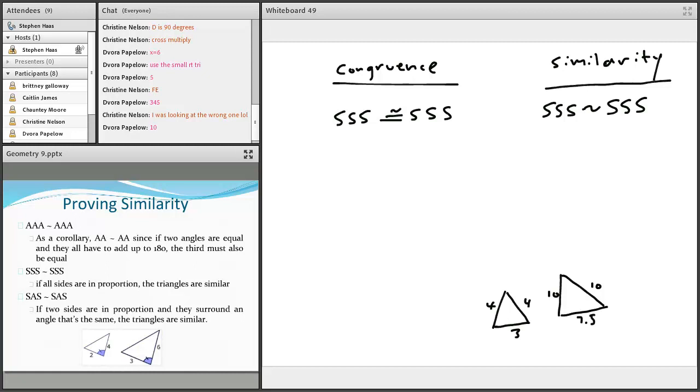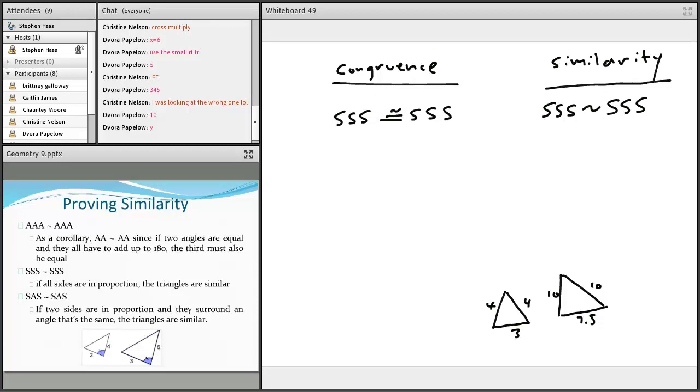Are these two triangles similar to each other? What do you think? They're in proportion, right? The one on the right is simply 2.5 times the size of the one on the left. 7.5 is 2.5 times the size of 3, and 10 is 2.5 times the size of 4.